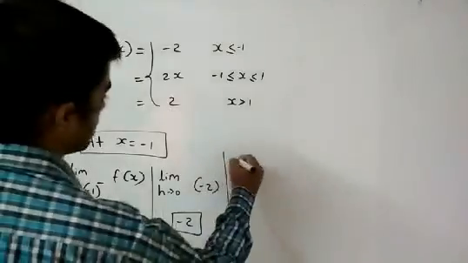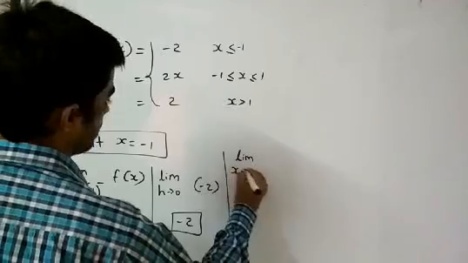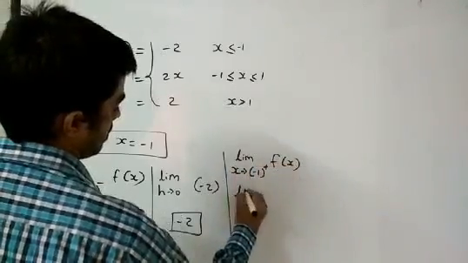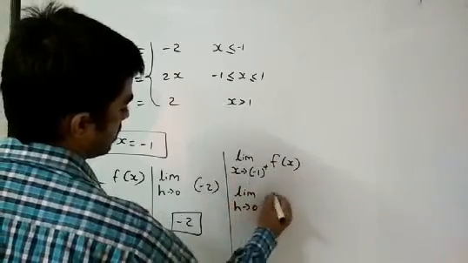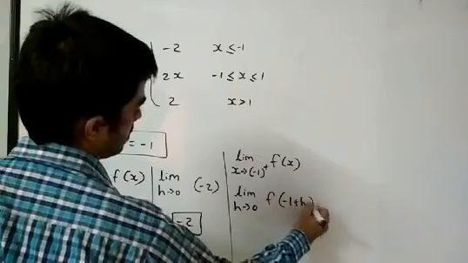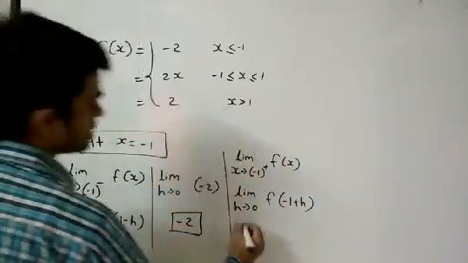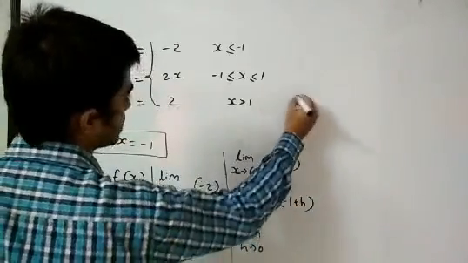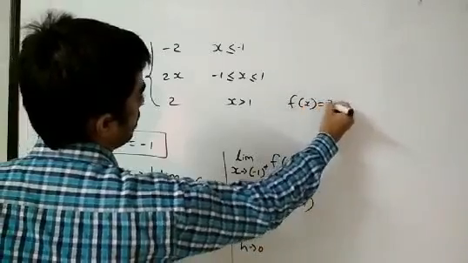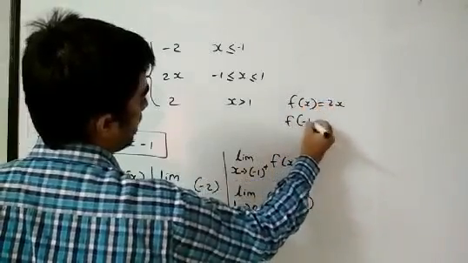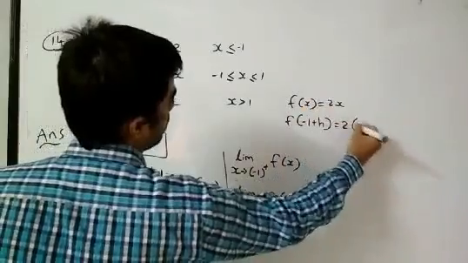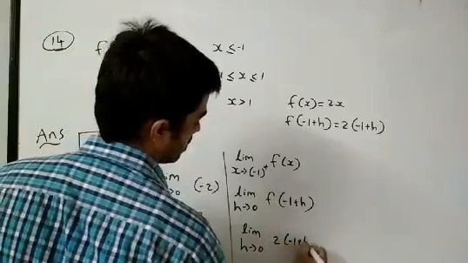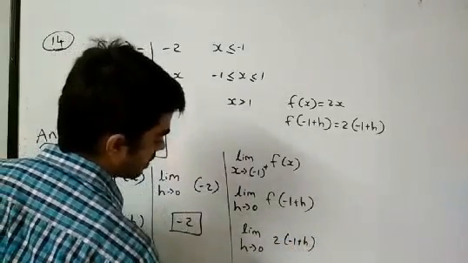Now let us check the right hand limit, limit h tends to 0. 1 के पॉजिटिव लिमिट 2x है, f of minus 1 plus h होगा, 2 into minus 1 plus h. h 0 रहेगा, 2 into minus 1 is minus 2.